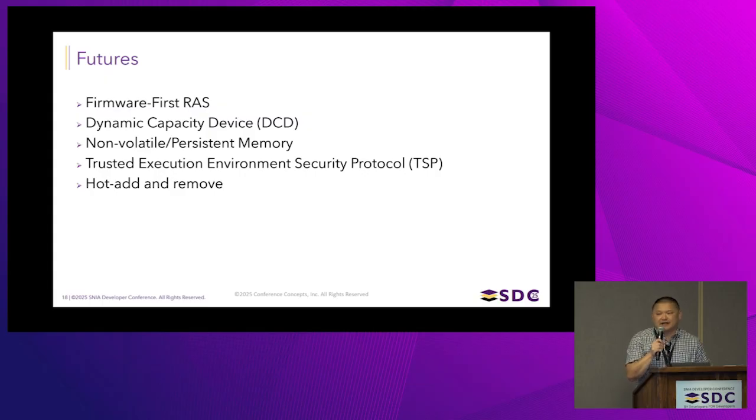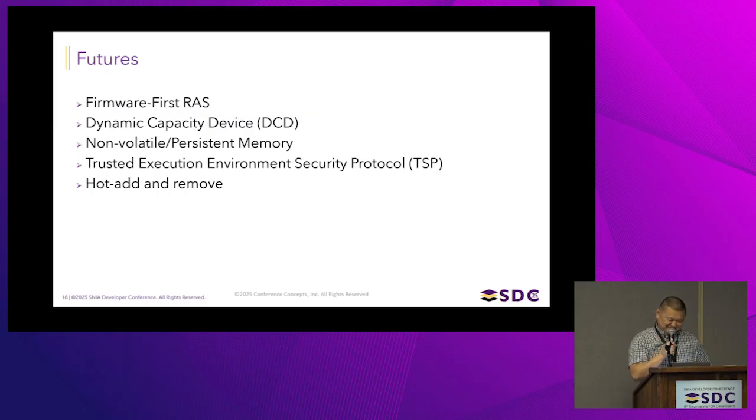As mentioned earlier, we have strong interest in adding support for the dynamic capacity device feature that's in CXL 3.0. This provides a capability for us to support memory pooling and memory sharing. So when we have hardware implementations available, we will work with our partners to add support for the DCD feature.